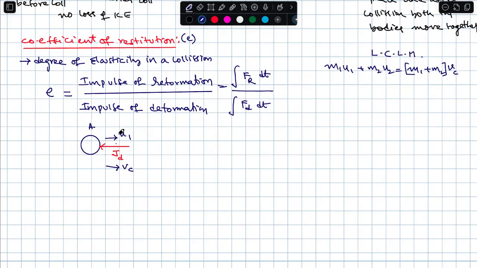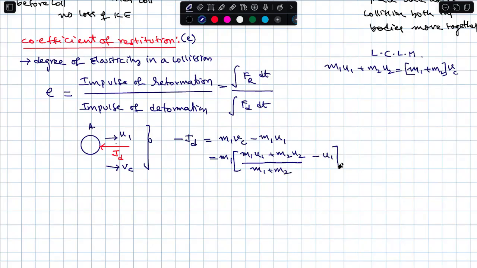So now, as per Newton's second law, this is m1 vc minus m1 u1. Agreed? This is m1 times vc, which is (m1 u1 plus m2 u2) by (m1 plus m2) minus u1.